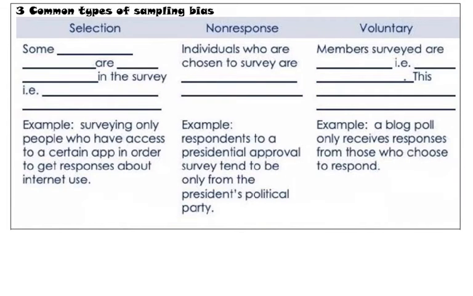Okay, so there's 3 types of sampling bias that we'll talk about. First is selection, second is non-response, and 3 is voluntary. So let me give you some information about them and some examples.